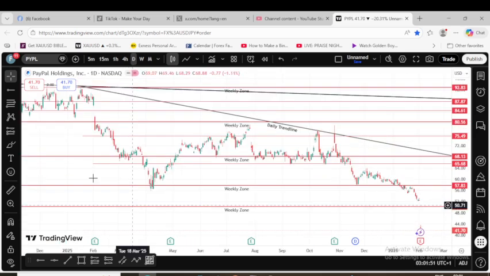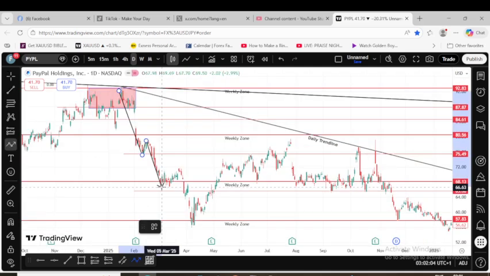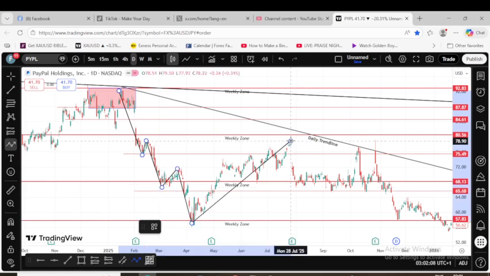So my trend origin should be somewhere around here, and then my market structure should look like this: impulsive, correctional, impulsive, correctional, impulsive. But it needs a break of structure to this point here, making it invalid.